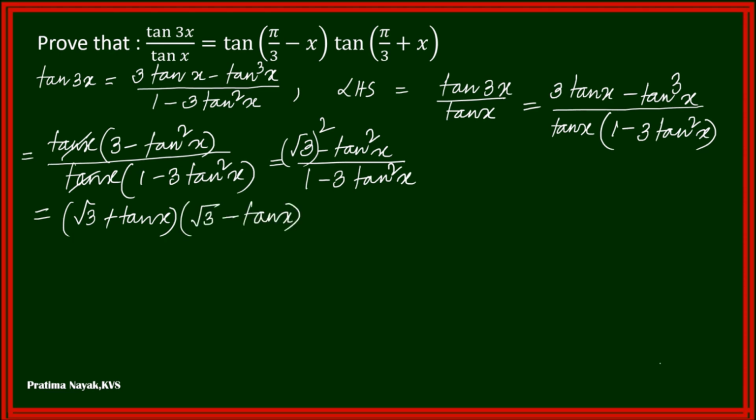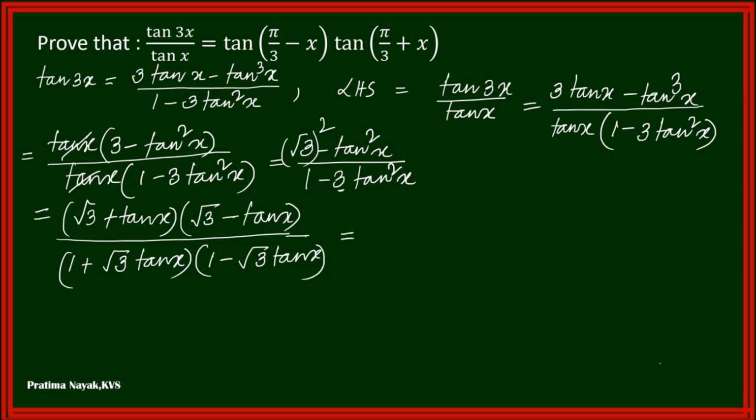In the same way, the denominator will be, this is 3 is root 3 whole square, so it will be 1 square minus root 3 tan x whole square. So 1 plus root 3 tan x into 1 minus root 3 tan x.